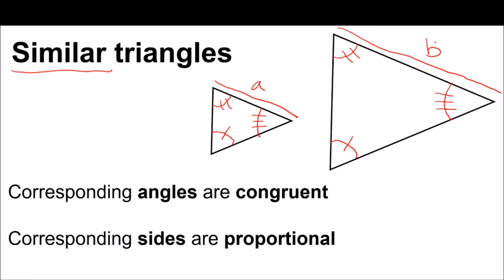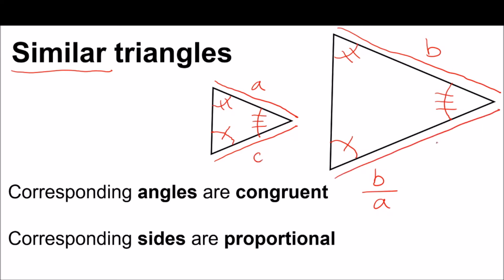Let's call it B. And then if we found the ratio between those sides, so like B over A, B divided by A, well, the sides being proportional means that we would find the same ratio for any other pair of corresponding sides.